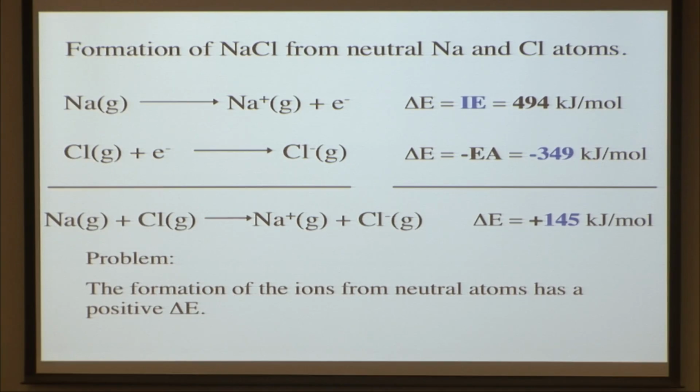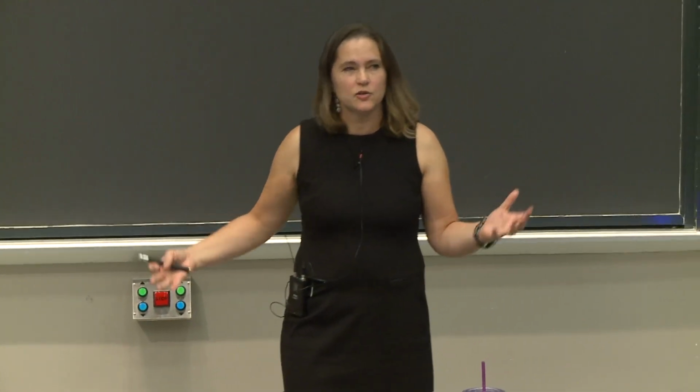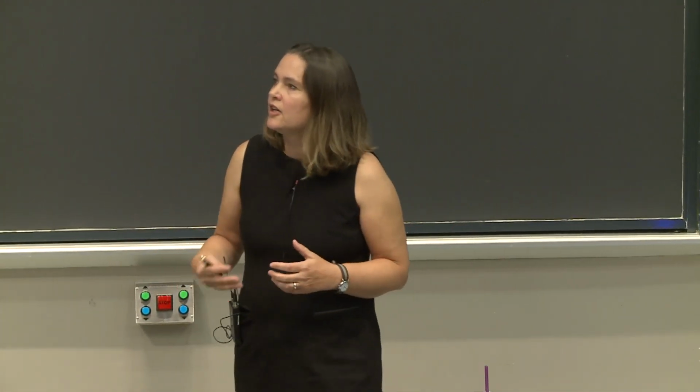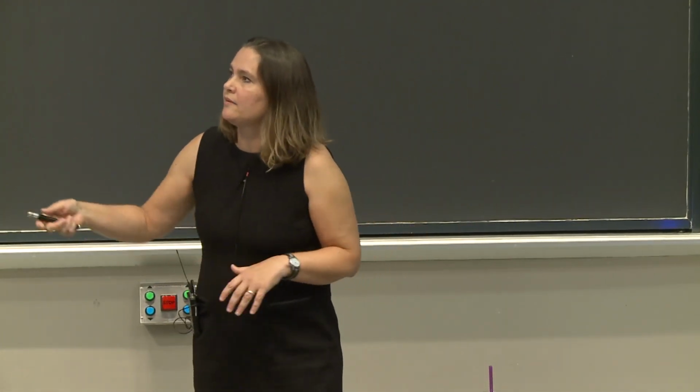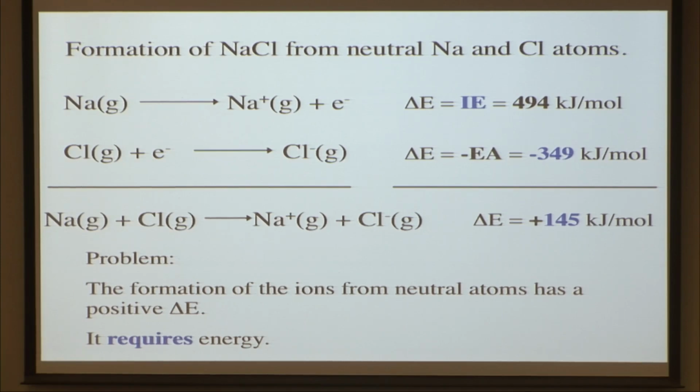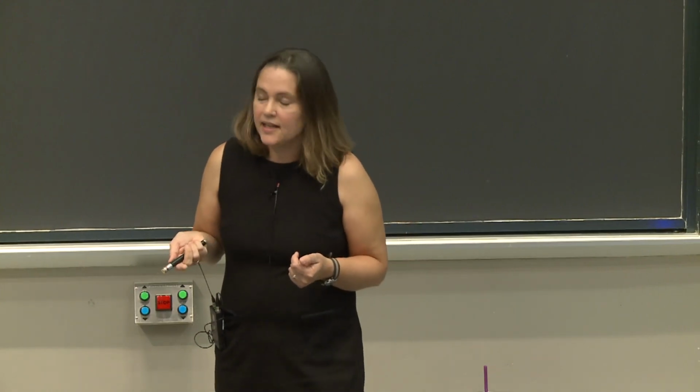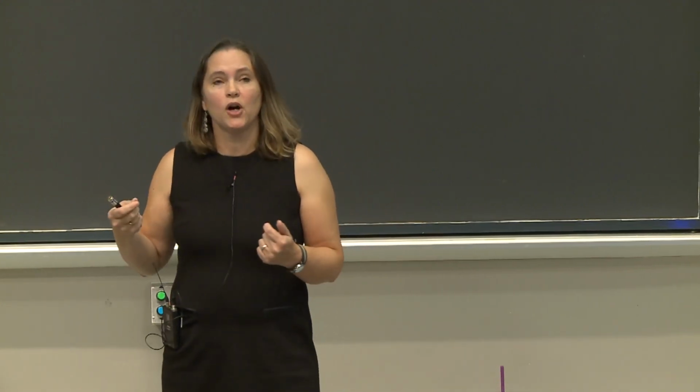And so now we're seeing that the formation of these ions from their neutral atoms has this positive value, which means it requires energy. But we think about NaCl as being this natural table salt thing. So why is there so much table salt if this requires energy to do it? And the answer is that this is only part of the process.